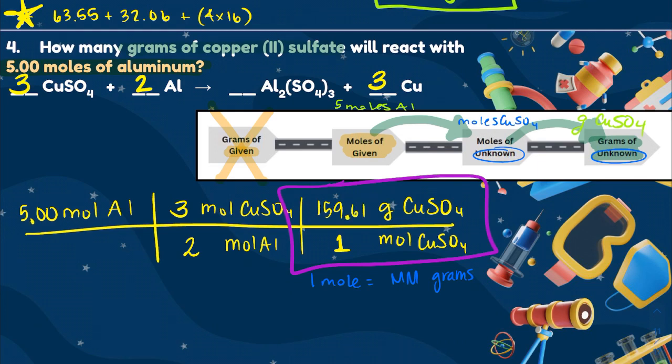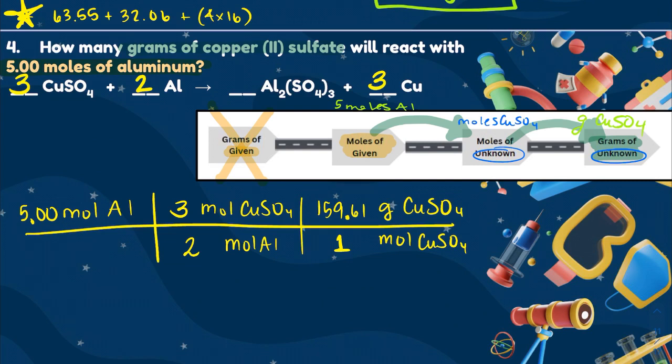All right, so we are ready to calculate our answer. I'm going to erase some of the extra stuff we have here. I am going to multiply the numbers across the top. Follow along with my red dot. 5 times 3 times 159.61 and then divide by 2.